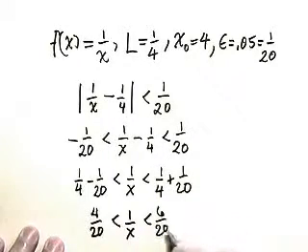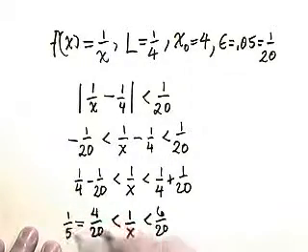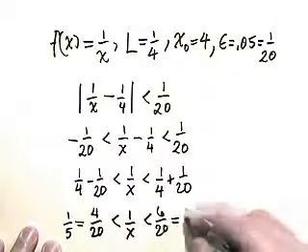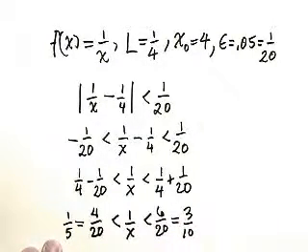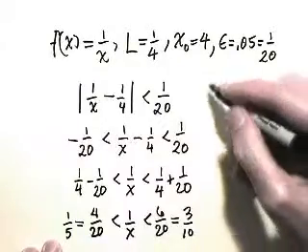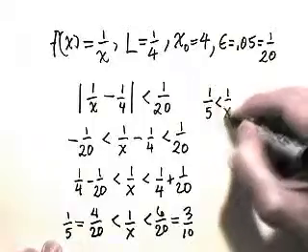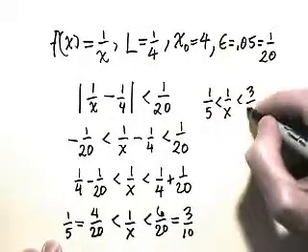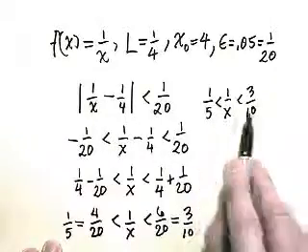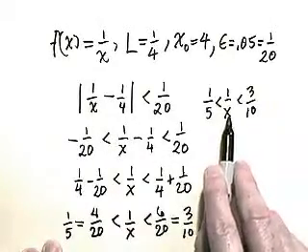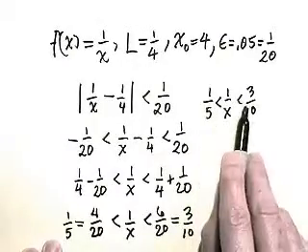So our inequality is simplified to 1/5 less than 1 over x less than 3/10. Now, all our numbers here we can assume to be positive. So consequently, I can turn everything upside down if I reverse the inequalities. So this inequality is equivalent to 5 greater than x greater than 10/3.